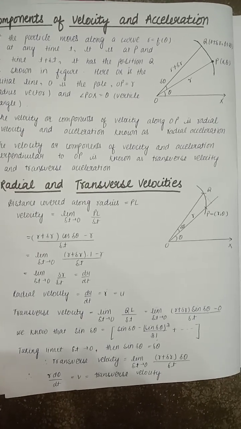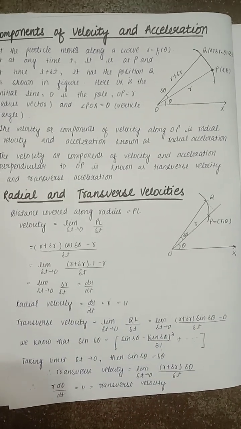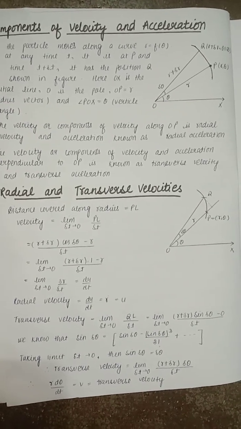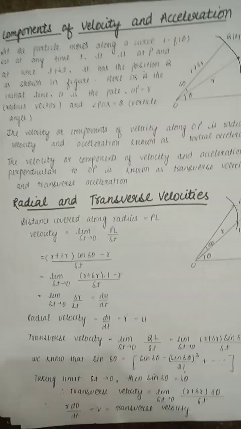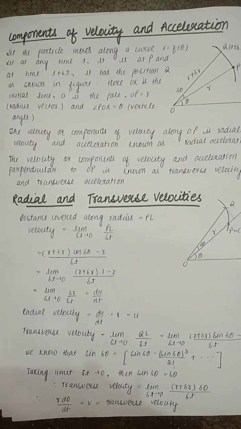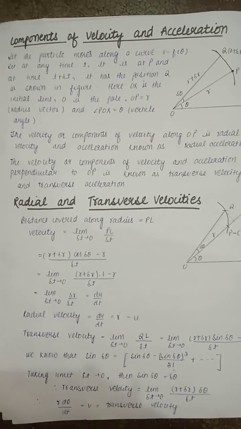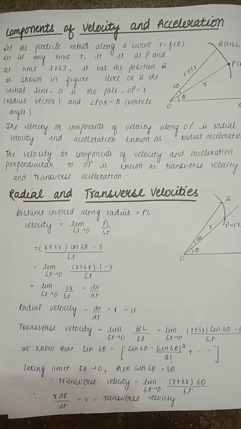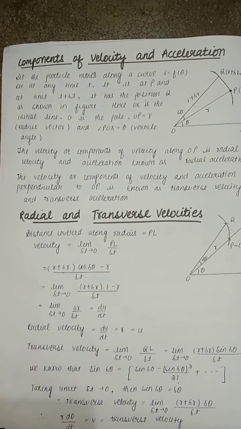Transverse velocity is equal to the limit as del t tends to 0 of QL upon del t, where transverse velocity is equal to r d theta by dt, which is equal to v.